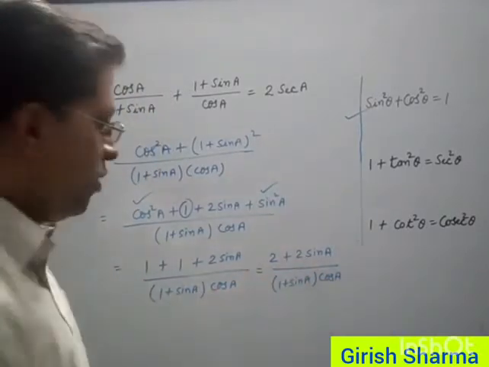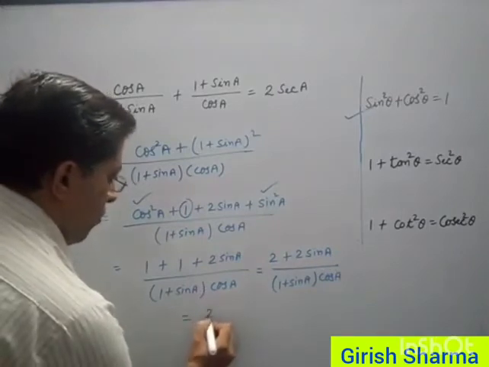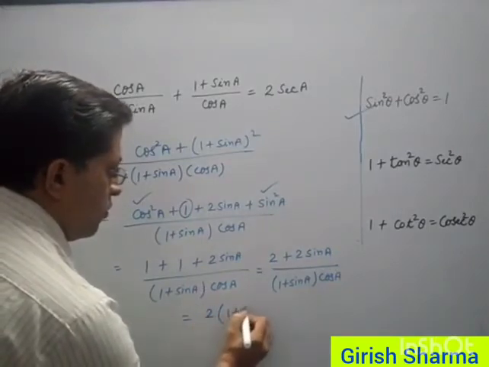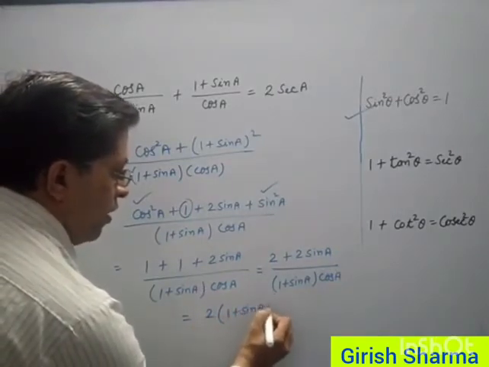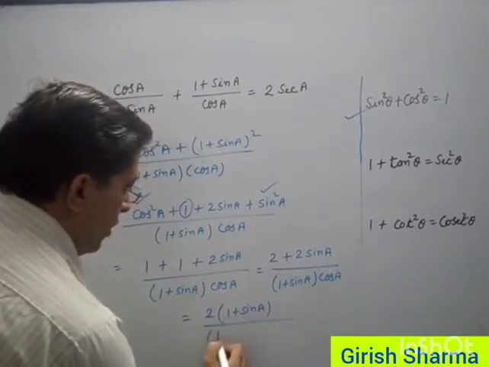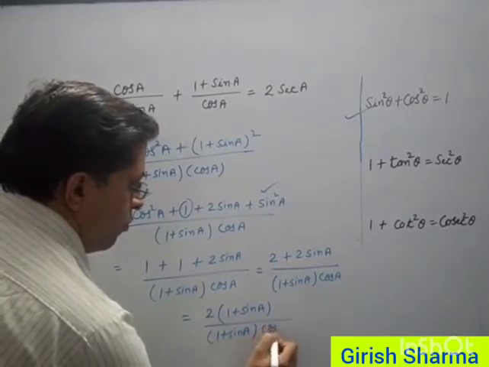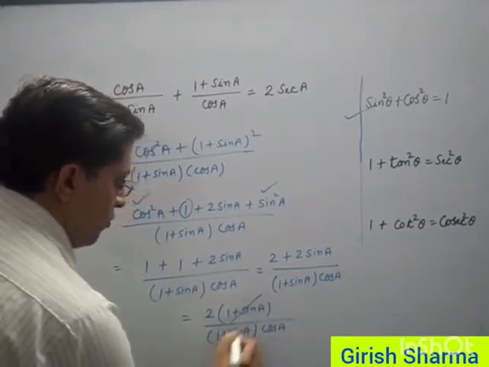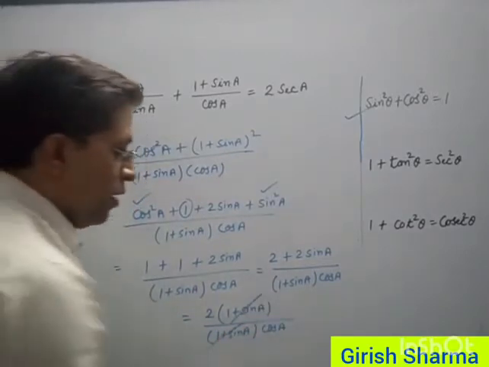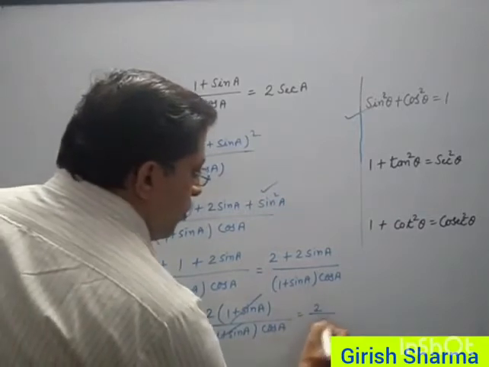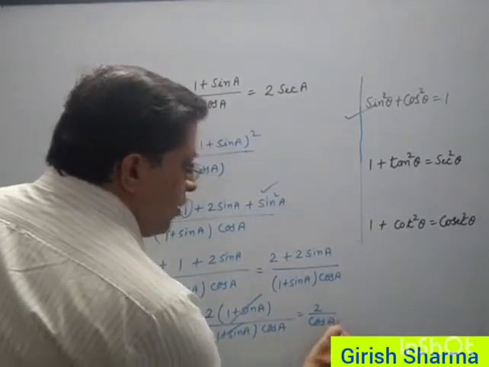Take out 2 common from it. This is 1 plus sin A here and denominator 1 plus sin A into cos A. 1 plus sin A and 1 plus sin A cut. This is your 2 upon cos A.